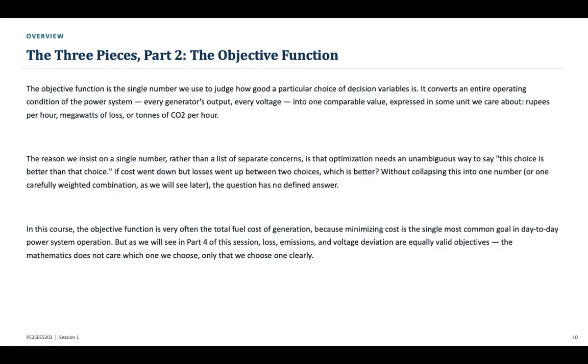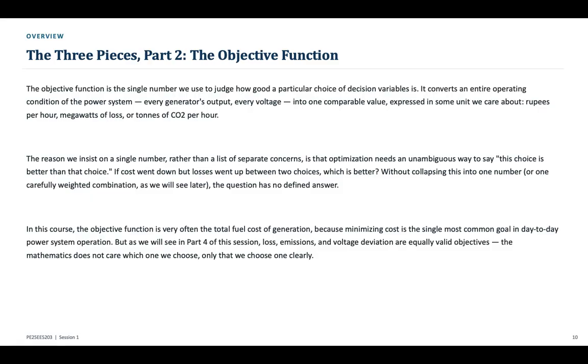So part two is the objective function. The objective function is a single number we use to judge how good a particular choice of decision variables is. This converts an entire operating condition of the power system, every generator's output, every voltage, into a comparable value expressed in some unit we care about: rupees per hour, megawatts of losses, or tons of CO2 per hour.